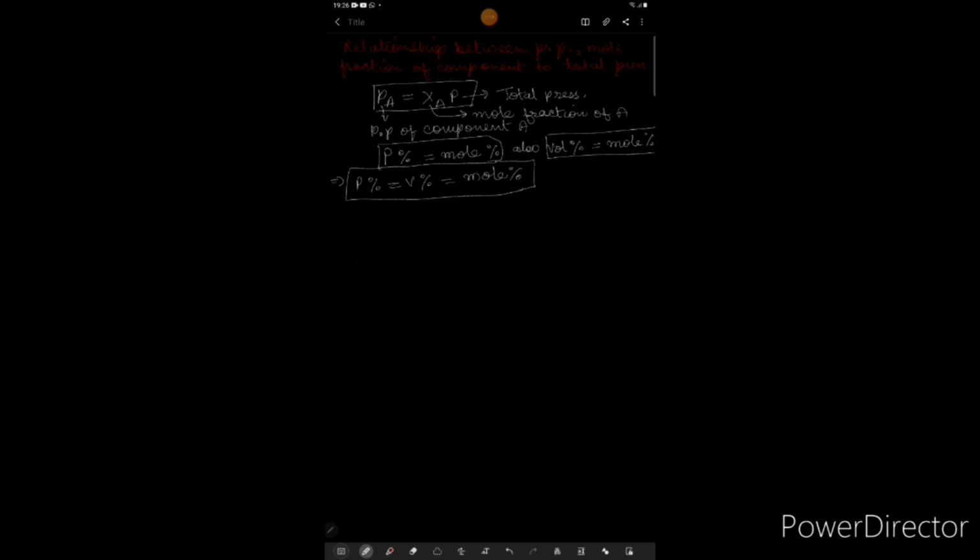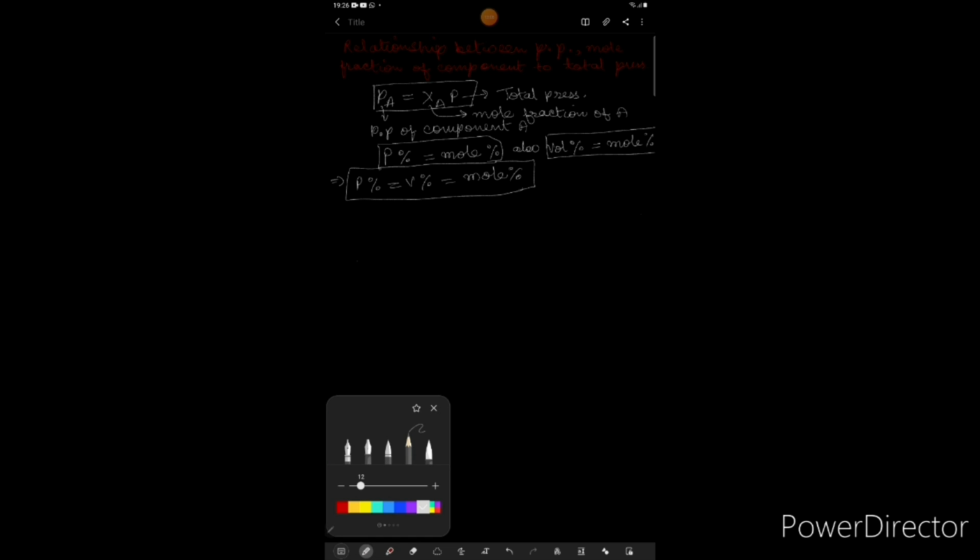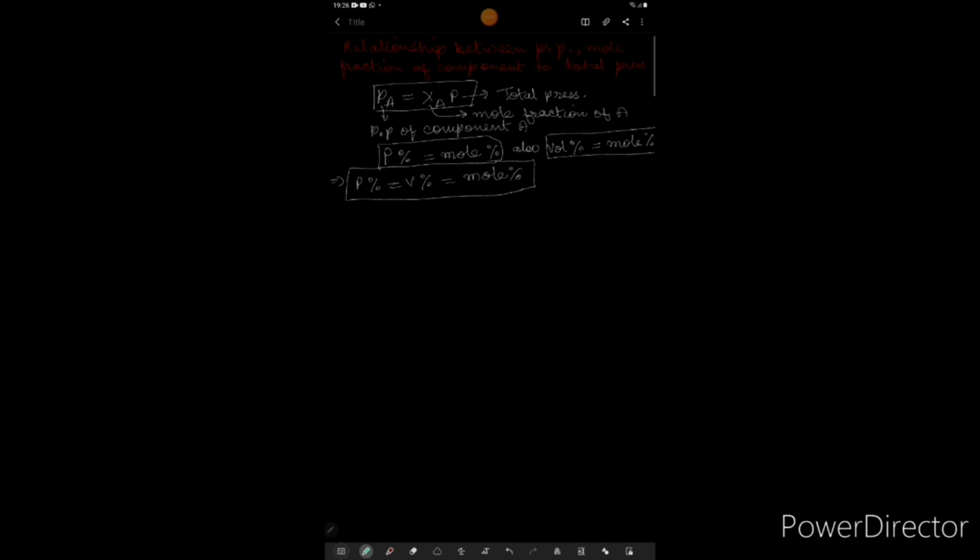Okay, and the average molecular weight of a gas mixture.